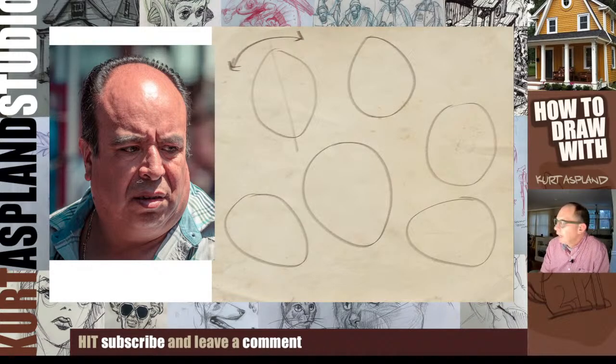So anyhow, first thing we want to do is figure out the tilt of the head. Let's draw another tilt over here, and let's draw one right over here as well. Next thing you want to establish is where the eye line is, or I like to call it a brow line.